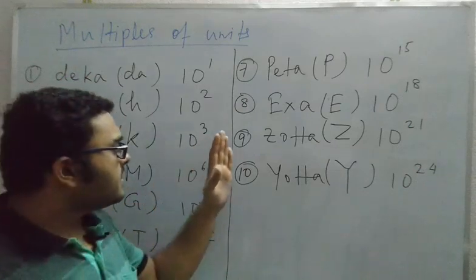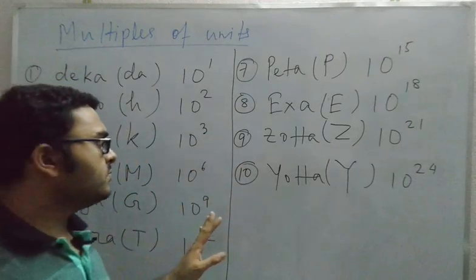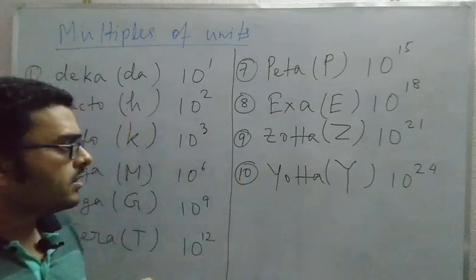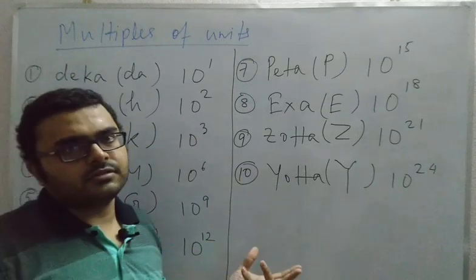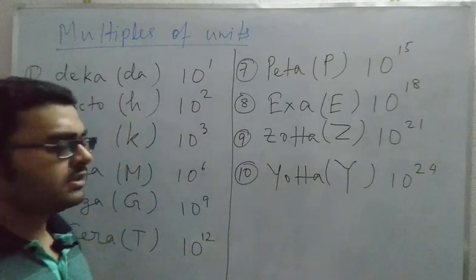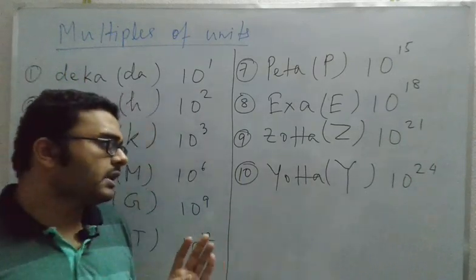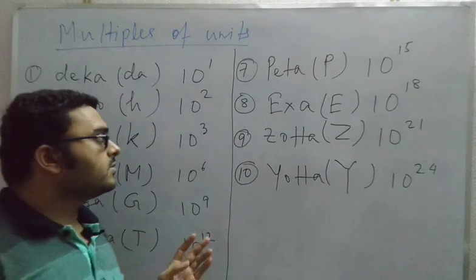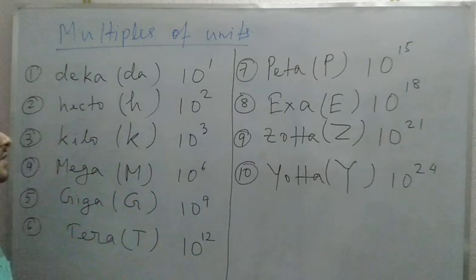I think these last four are a bit new to you, but if you go through the table or chart a few times, you will become accustomed to these multiples of units. I think you have noted it down.